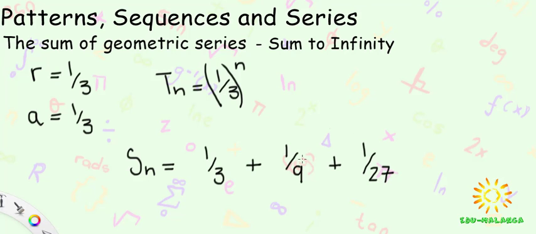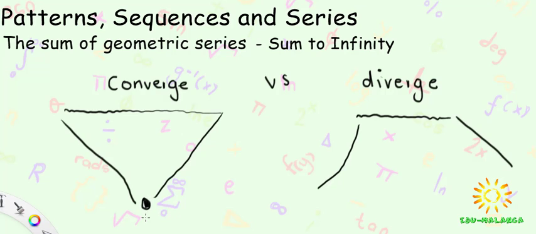If we notice what's happening here as our n is tending to infinity, our terms are getting smaller and smaller, so they're tending towards 0. 1/27 is much smaller than 1/3. So our series is converging towards the number 0.